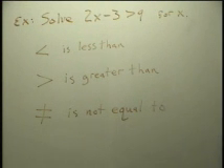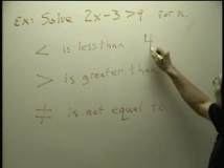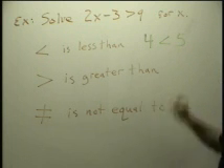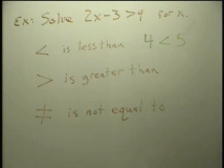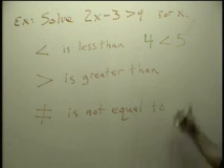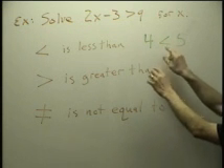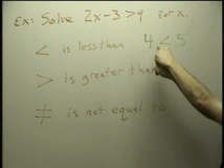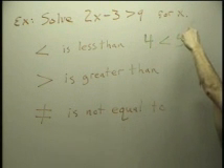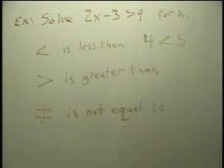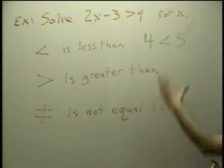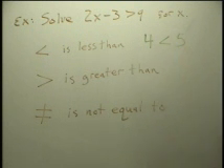So, an example, 4 is less than 5. Okay? The symbol starts out narrow by the lesser number and widens toward the greater number. Sometimes we're told to think of it as a monster that's trying to gobble up the greater number.